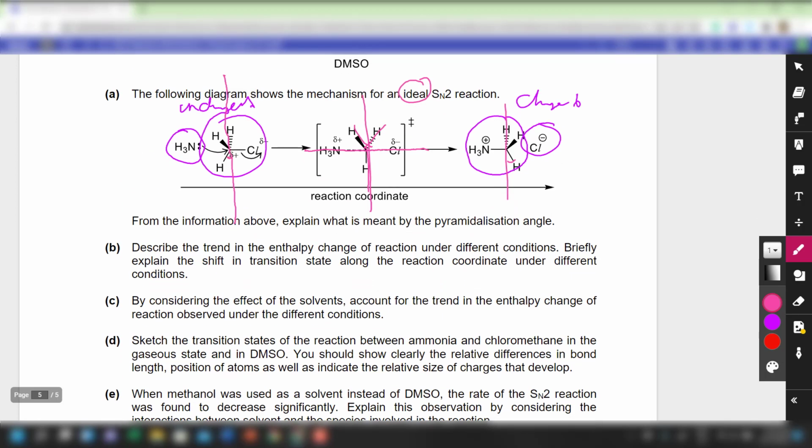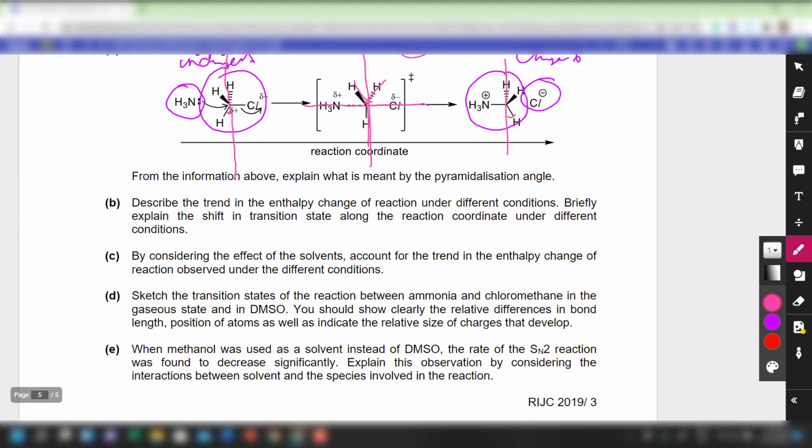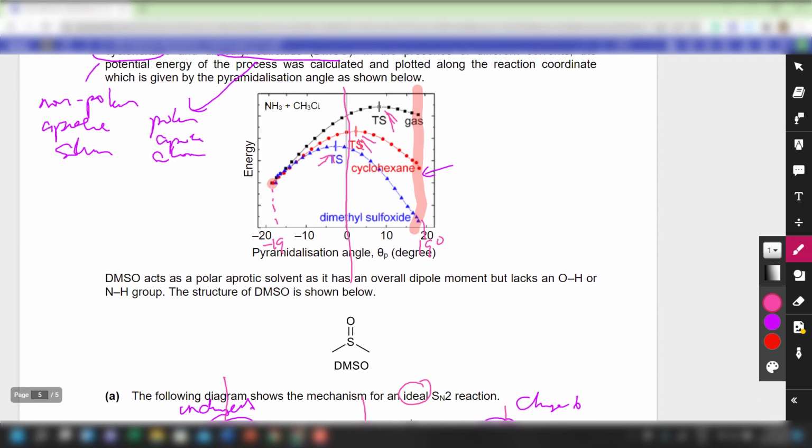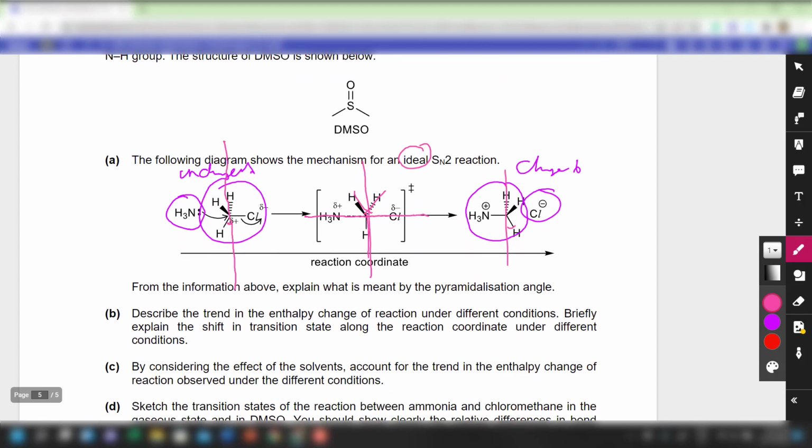Then for part B, describe the trend in the enthalpy change of reaction under different conditions. Briefly explain the trend or the shift in transition states along the reaction coordinate under different conditions. So you are specifically asked to describe the trend in enthalpy change under different conditions.